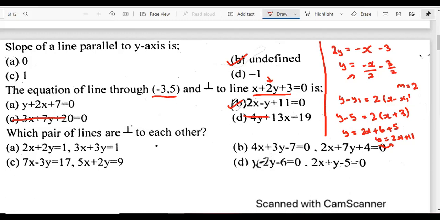So it says, which pair of lines are perpendicular to each other? We need to find the derivative and then we would be able to do it. Okay. By derivative, I mean slope, right? So slope of each line. Let's find the slope of this line.